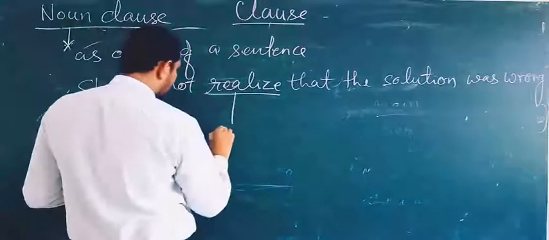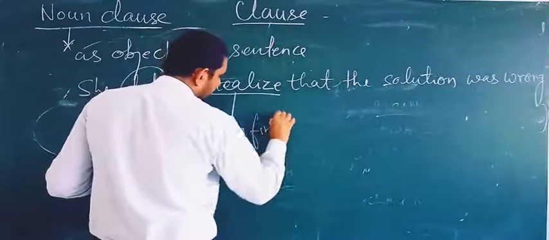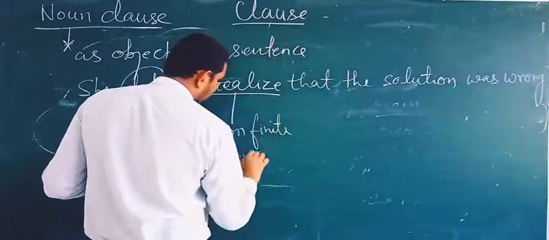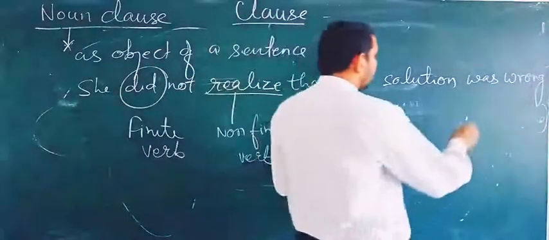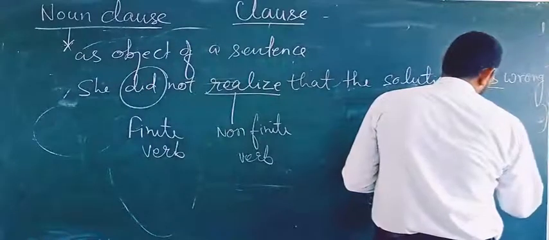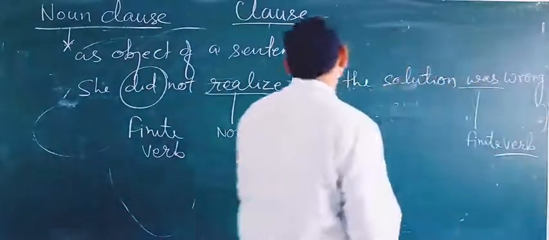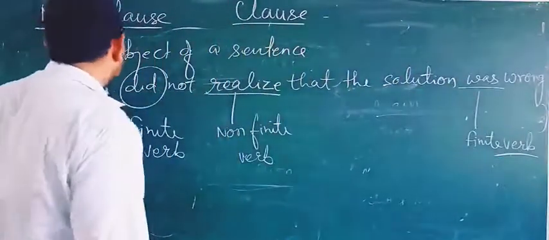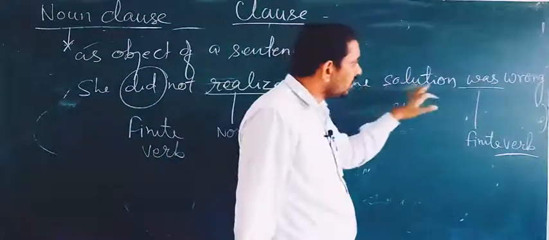Okay, this is a non-finite verb, and in the other clause, this is the finite verb. Okay, so she did not realize that the solution was wrong.